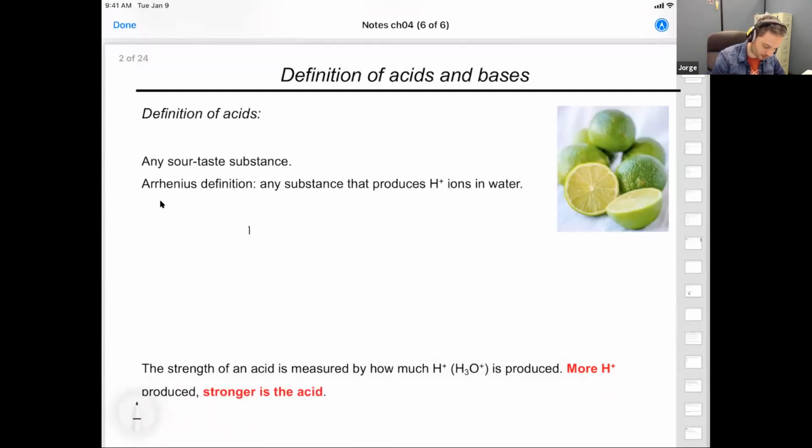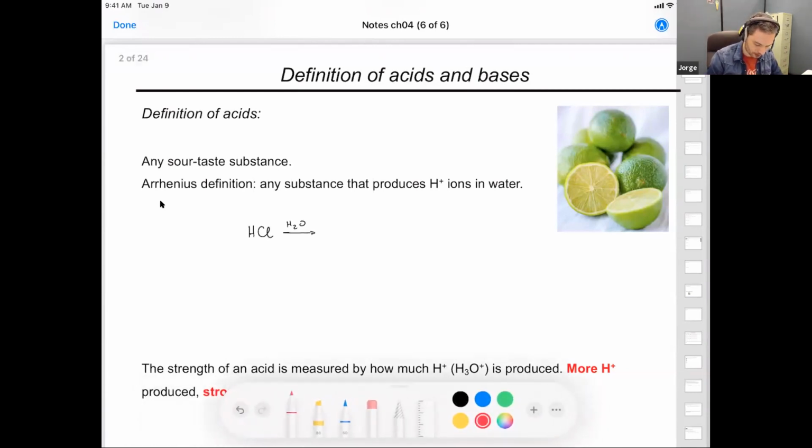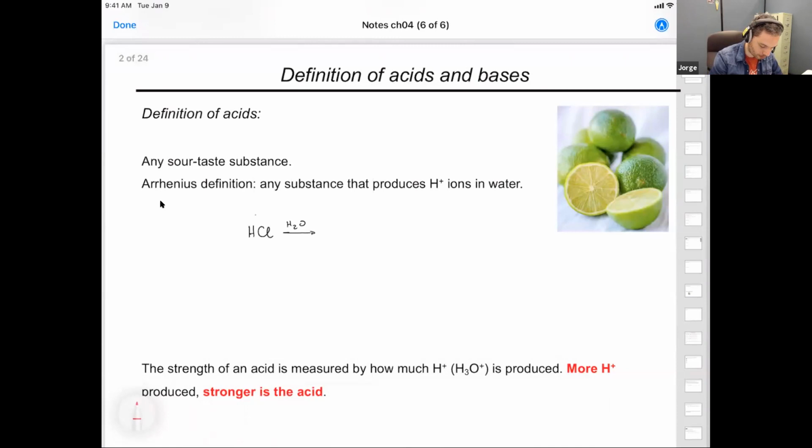Let's see here, for example, HCl, hydrochloric acid. When we dissolve HCl in water, according to Arrhenius, the bond between hydrogen and chlorine will be broken, resulting in the production of H plus, and the counterpart here is going to be Cl minus.